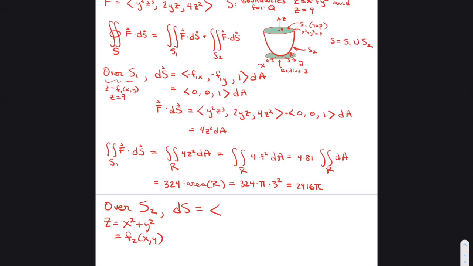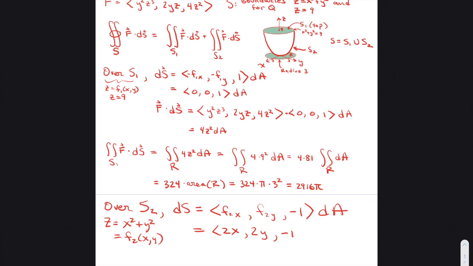Okay. So my dS, now this has to be a downward normal, so we're going to do f2x, f2y, and again a downward normal has to have a negative 1 there, so I just took the negative of the normal dS. So here, with respect to x, we're going to have a 2x. With respect to y, we're going to have a 2y.